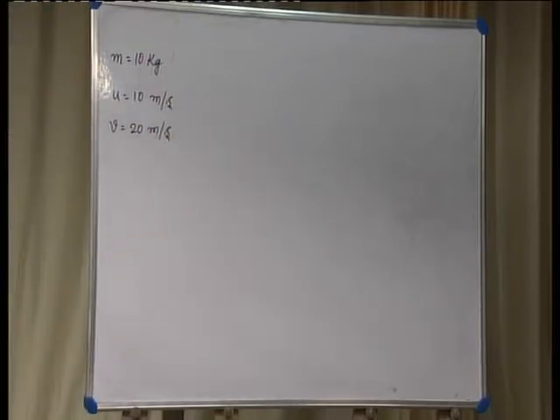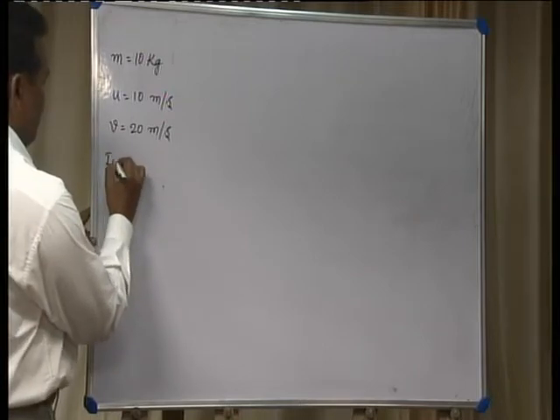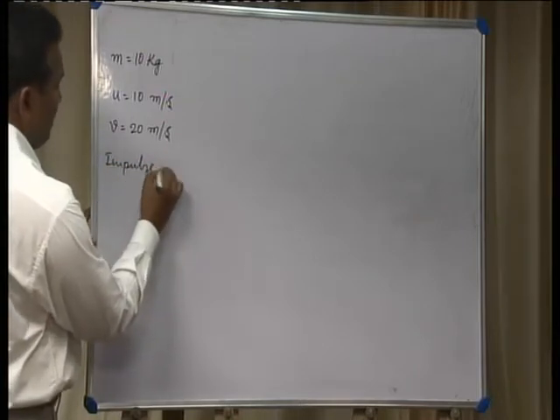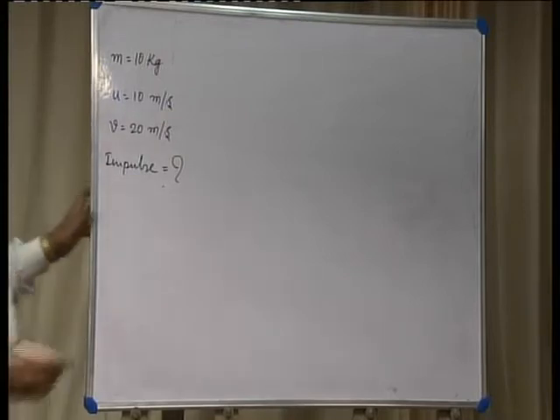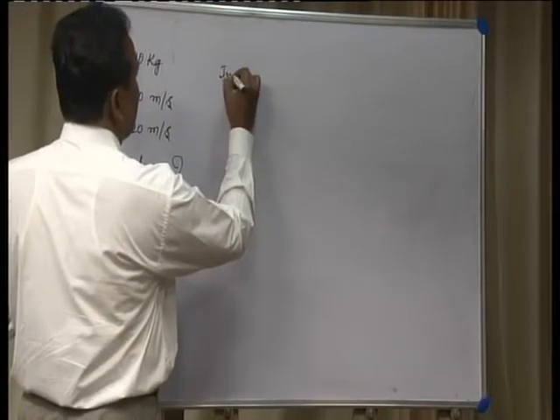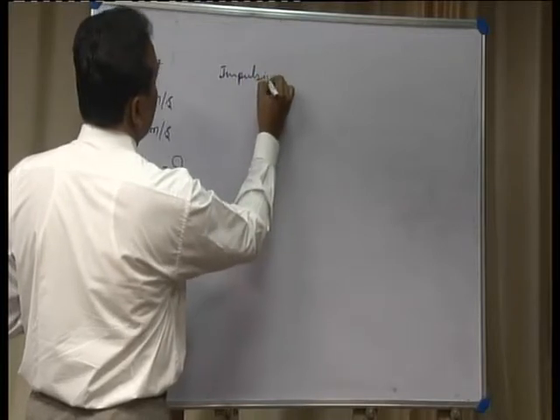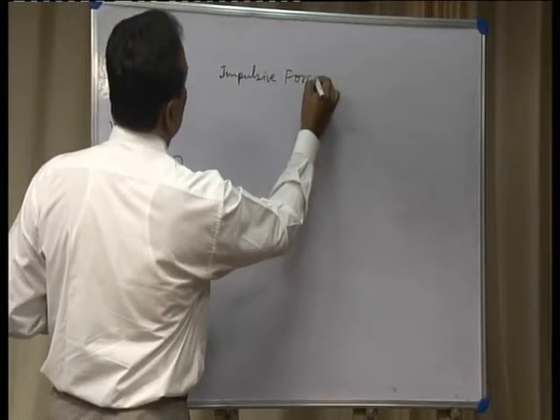Time is not given, I think it may be a mistake. The velocity of a body of mass 10 kg changes from 10 to 20 meter per second. Calculate the impulse of the body. By using the change in momentum you can calculate it, no problem with the problem. Impulsive force can be given as change in momentum.